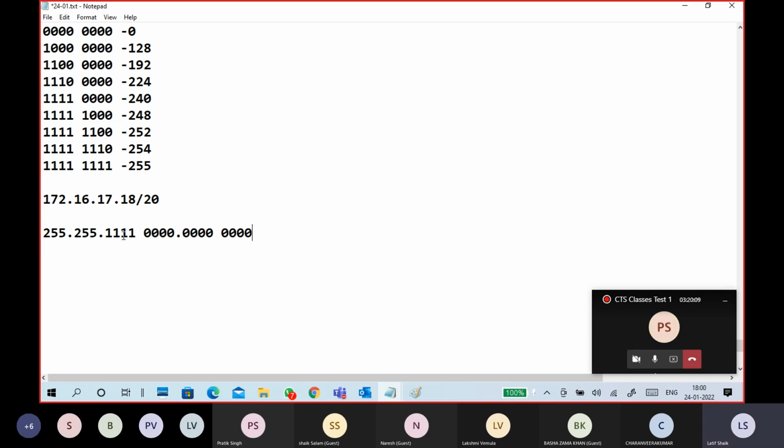In this octet, you will get 4 ones. Now tell me the full value. What is the value of this one? 240. Okay, so this is the subnet mask from here.